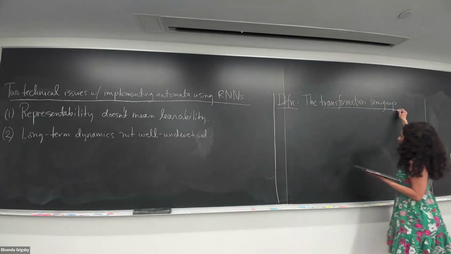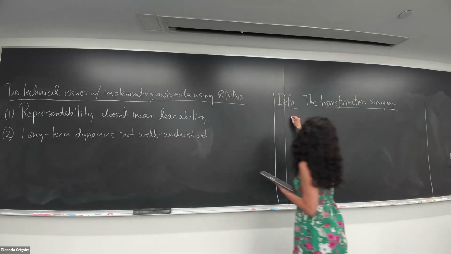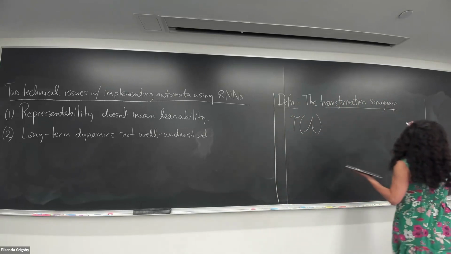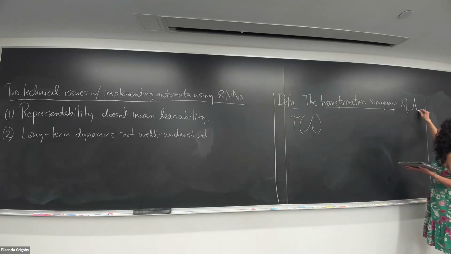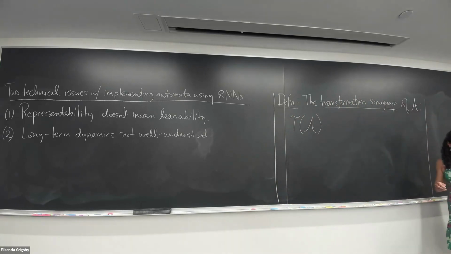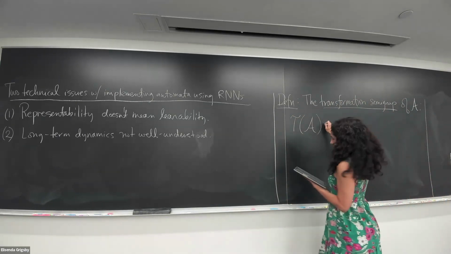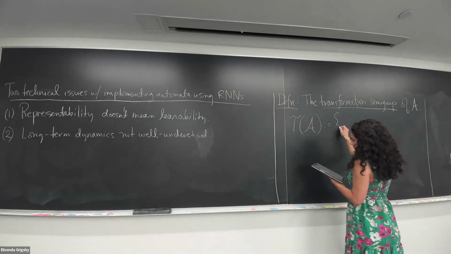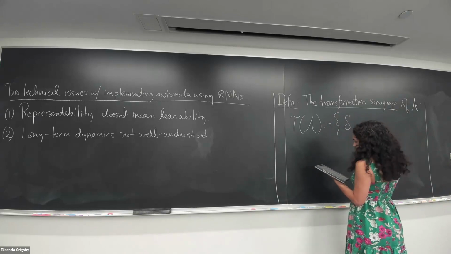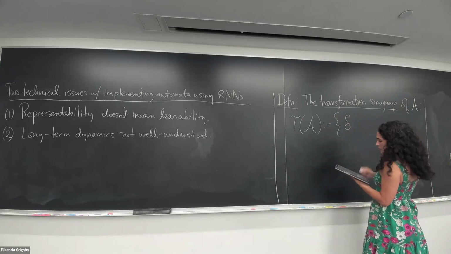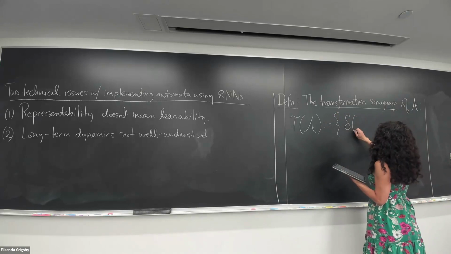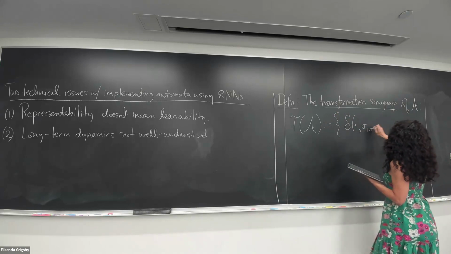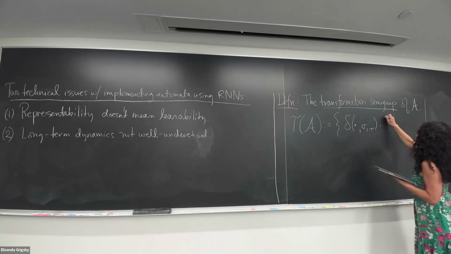So you can define the transformation semigroup T of A of an automaton. I'm going to write it like this, and then I'll explain what I mean.